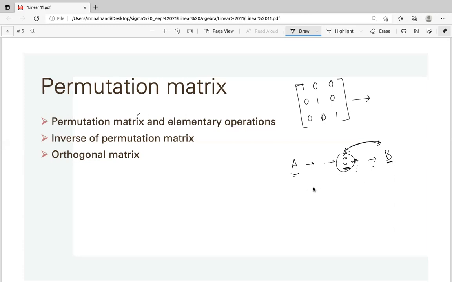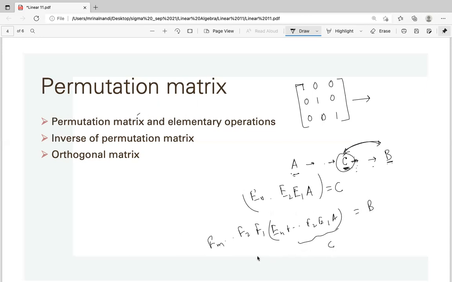That means we know that every elementary row operation is a pre-multiplication by an elementary matrix. So after some steps, maybe this is C, and again you are applying some elementary operations, in which these F are elementary matrices of a special type, only row interchanging.